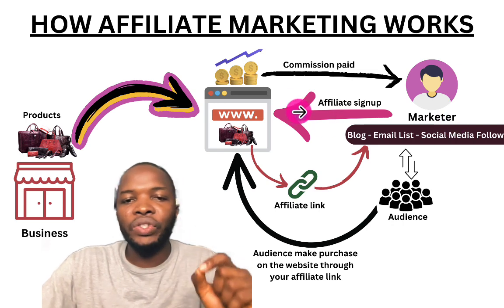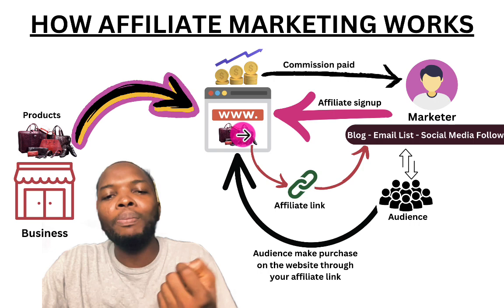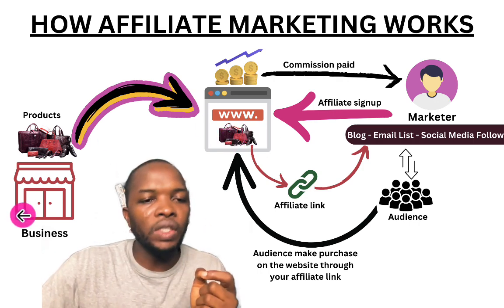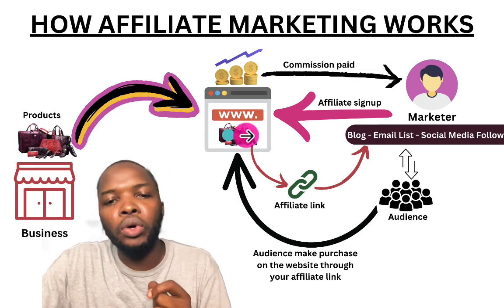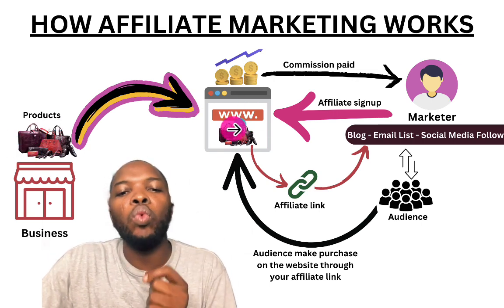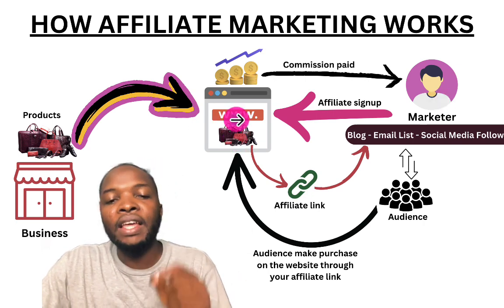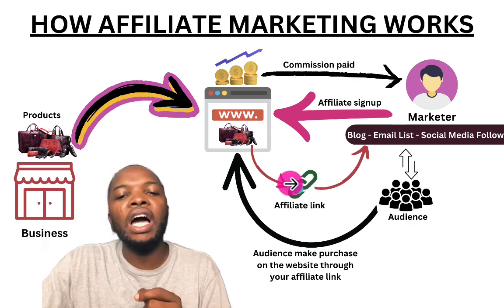Now after registering on the website, the affiliate marketer copies the link to the product. Remember, this business has this product, and this business publishes the product on the affiliate website. Now this marketer registers on the affiliate website, and then he copies the affiliate link for this particular product.